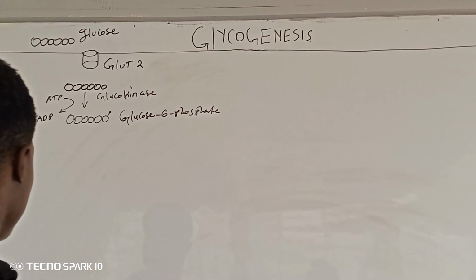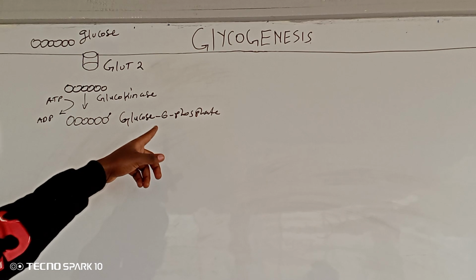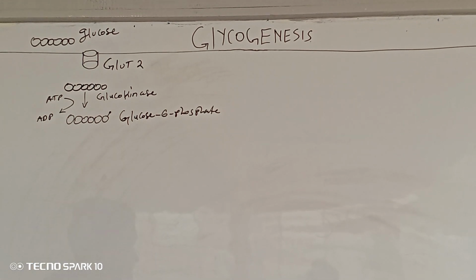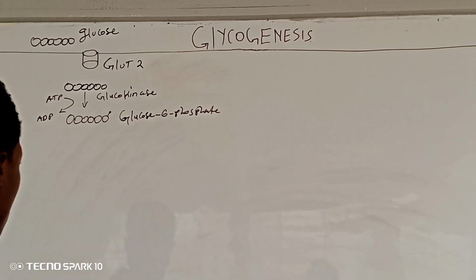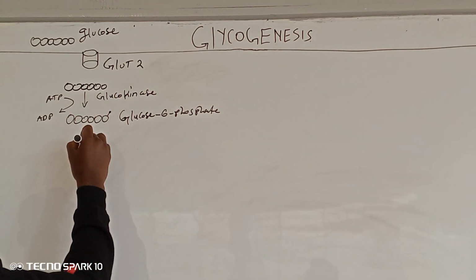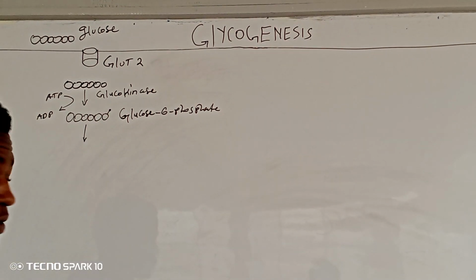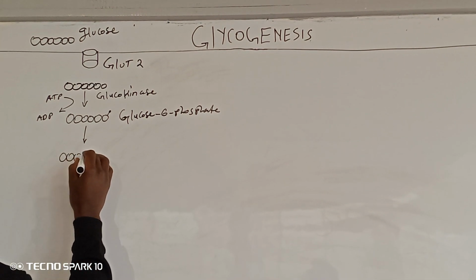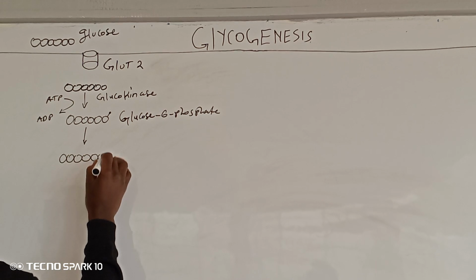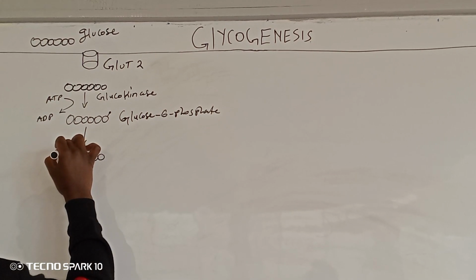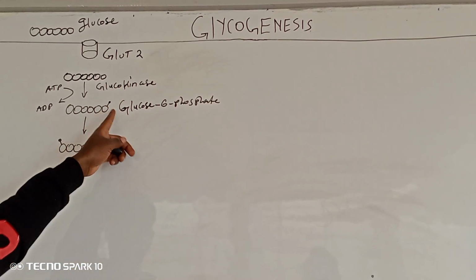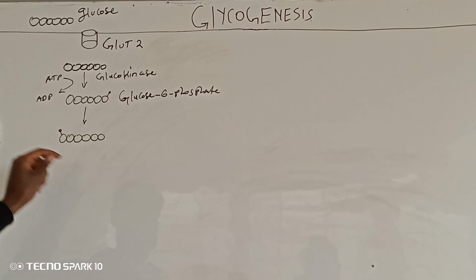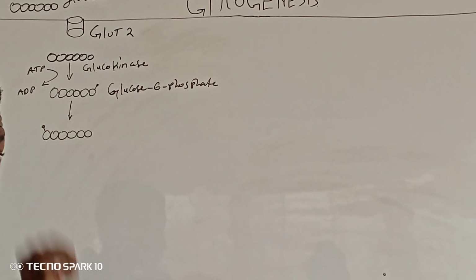Now, some of you might think that you are going through glycolysis, but let's see what's going to happen. Instead of going through glycolysis, where glucose 6-phosphate would be converted to fructose 6-phosphate, we are going to convert this glucose 6-phosphate into glucose 1-phosphate. So we are going to bring this phosphate group from position 6 to position 1. What's the name of that enzyme?